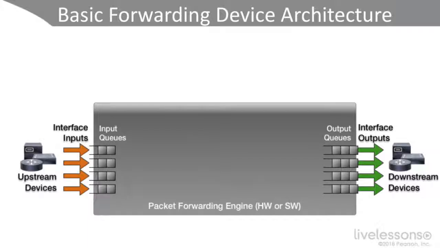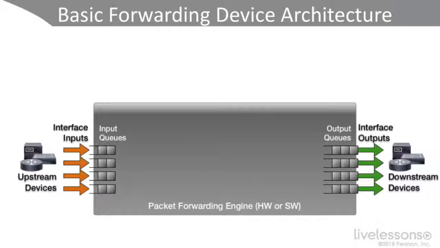This next slide, we're talking about basic forwarding device architecture. Whether you're talking about a switch, a router, or a firewall, most of the time it is going to be structured just like this. And this may be insightful to you if you're not really familiar with how a router or a switch works. Typically we have interfaces that come in that are connected to our upstream devices, and interface outputs that go to our downstream devices.